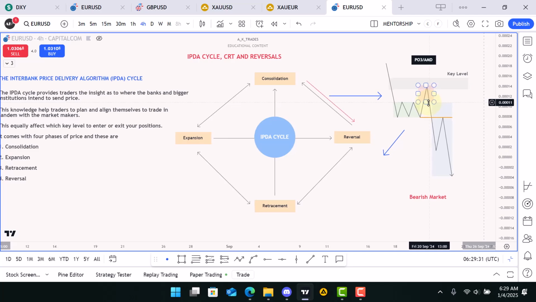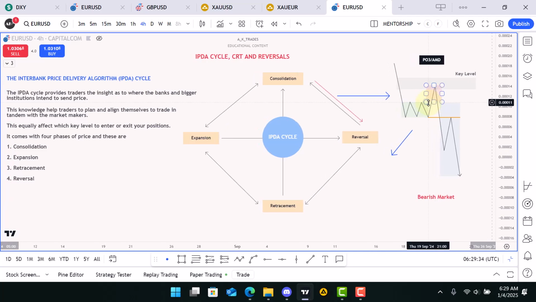Now, this is mostly everything about the IPDA cycle. Like I said, all I do is to simplify all the concepts out there into a simple strategy. I explain everything in the simplest way you can get.